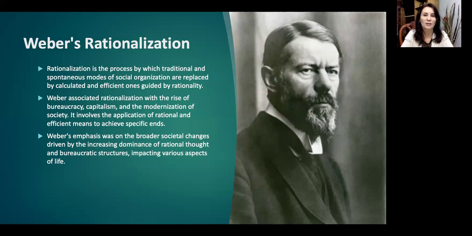Iron cage means people are enslaved by this rationalization. Everything about their body, when they get tired, and what their body needs to keep up productivity is scientifically checked and calculated, and applied to people to keep productivity high.